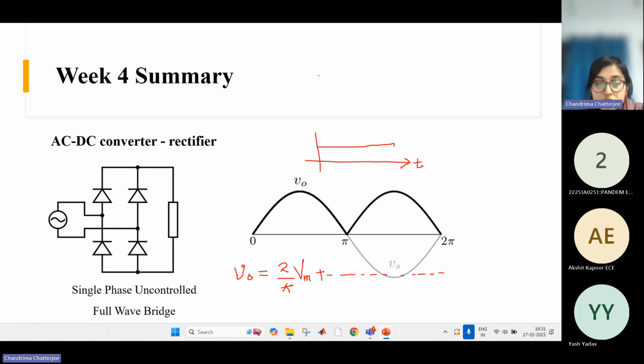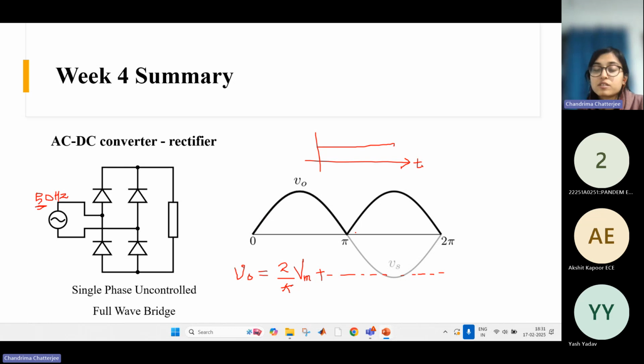So here the fundamental frequency is 50 hertz, right? You will get the sine and cosine terms in terms of multiples of 50, like 100 hertz, 200 hertz, right? You can check for yourselves.